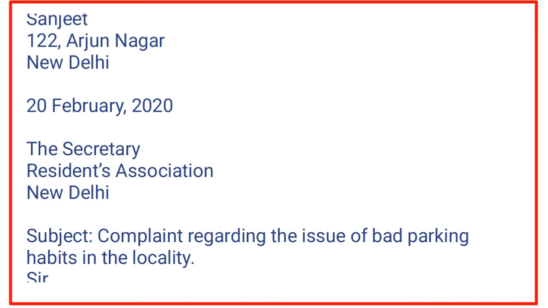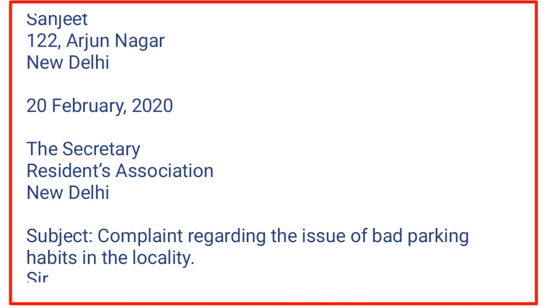After that, we are leaving one more line, and next thing we should write is subject. So here we should write the word subject. You might have noticed that in receiver's address or sender's address or date, we did not write date or to or from. Don't write to, from, date and all. Just write the address, just write the date, that's enough.